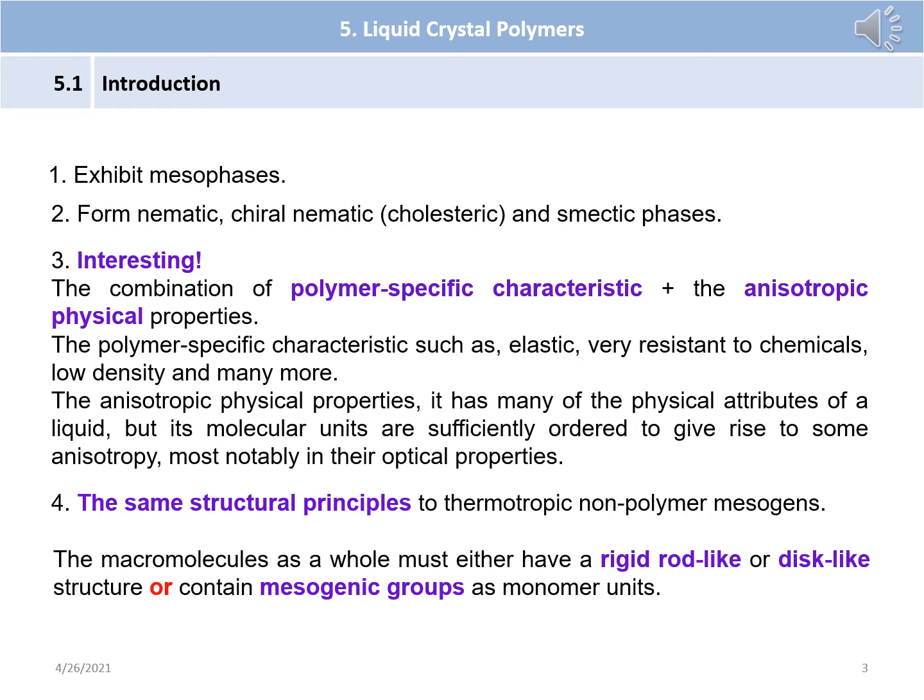The rigid part and anisotropy in molecular shape, which account for the existence of the liquid crystal mesophases in thermotropic non-polymer mesogens, also apply to the polymeric materials. The macromolecules as a whole must either have a rigid rod-like or disc-like structure, or contain mesogenic groups as monomer units in order to exhibit liquid crystalline properties.